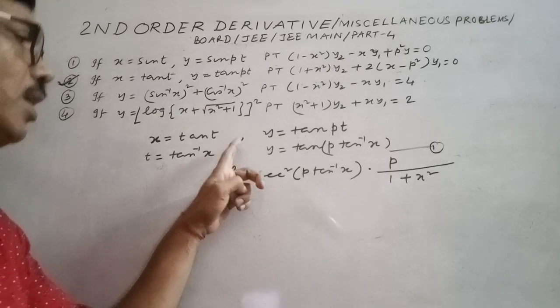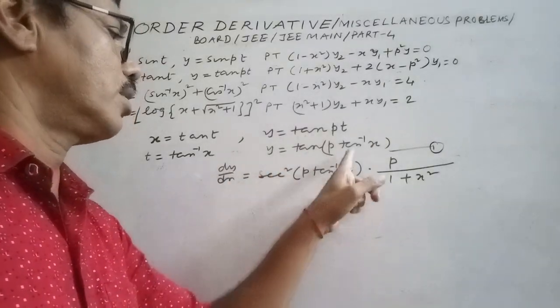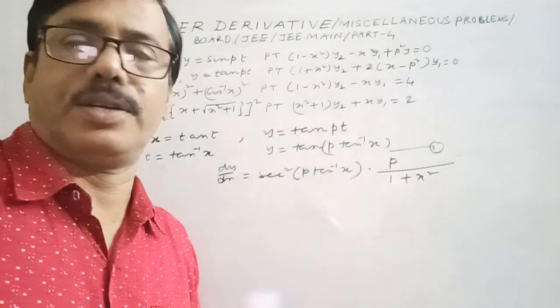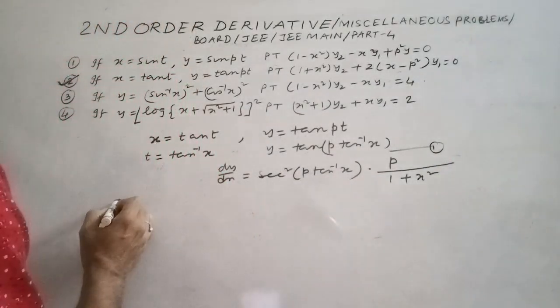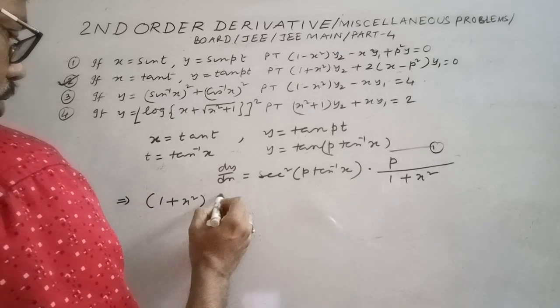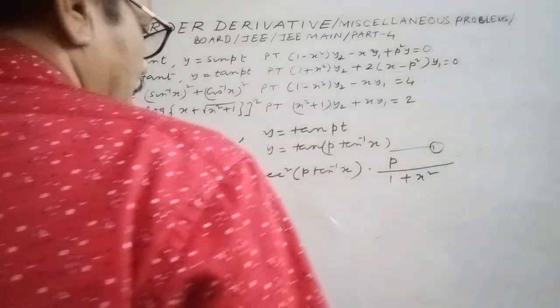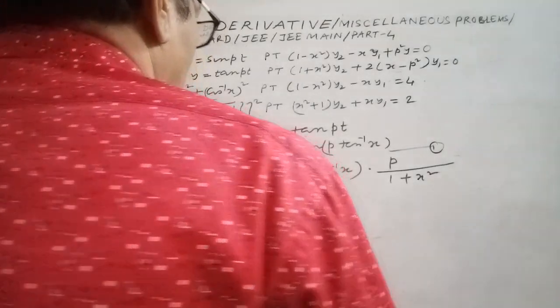So look, for dy/dx, the derivative of tan is sec square, then the derivative of the argument. So (1 plus x square) dy/dx equals p sec square (p tan inverse x).